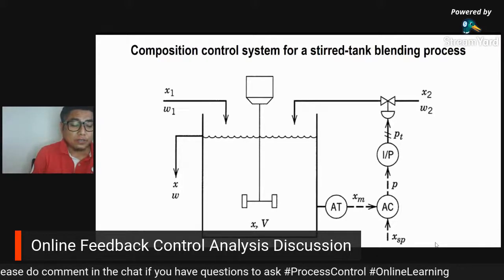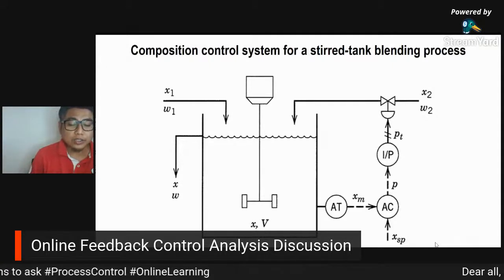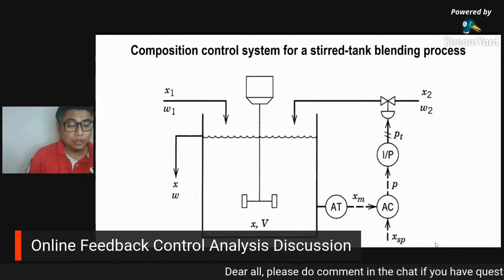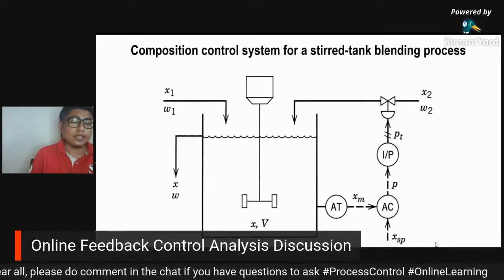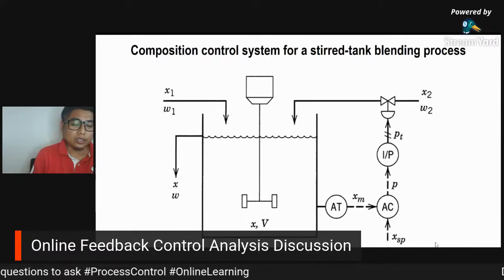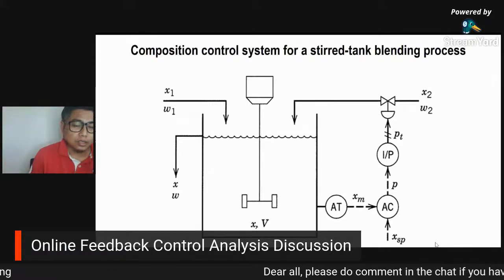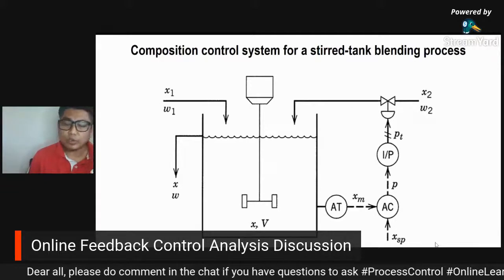For your information, our control class is called process control and instrumentation, or process control system. Whereas for others, non-chemical engineering, the course is called control system or control theory, whatever.